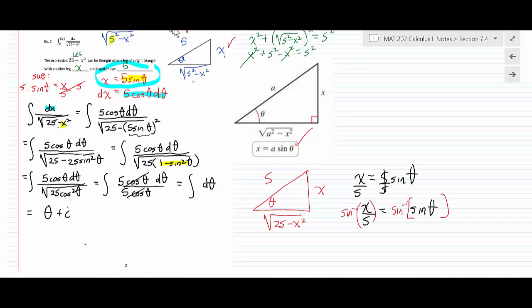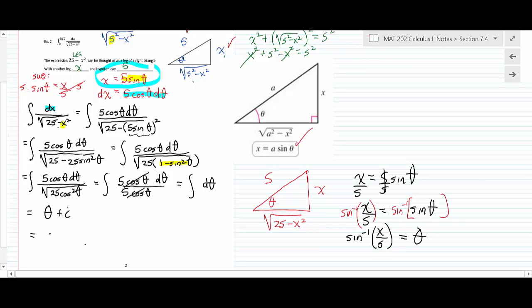Then what you would end up having is inverse sine of x over 5 equals theta, right? So this thing right here becomes inverse sine of x over 5. Now we're not going to do the plus c. We're going to go back now. Since we're doing a definite integral, we were asked to do this from 0 to 5 over 2 anyway, like that. Okay, so an inverse sine shows up in this problem.